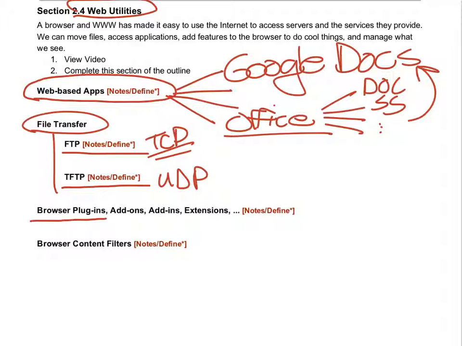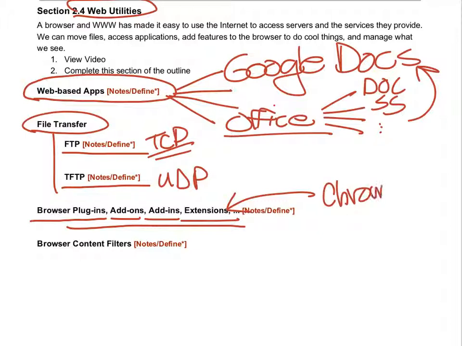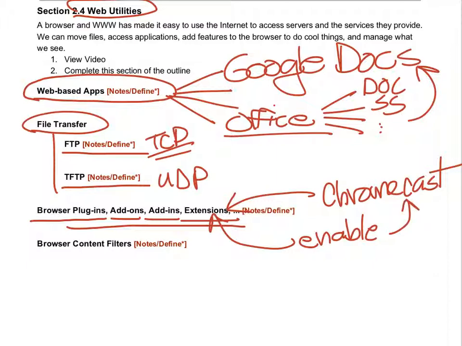Browsers can have plugins, add-ons, add-ins, extensions, where really the important thing is you can add to your browser. You can get it to do other things. For example, at home I have Chromecast. So in my browser there is an extension. I have to enable that in order for my Chromecast to work.